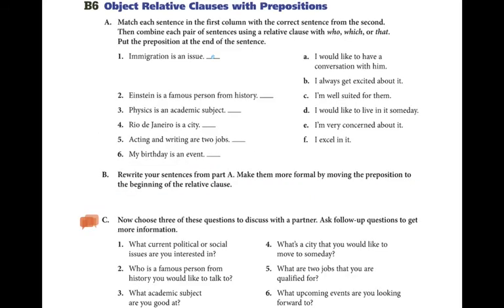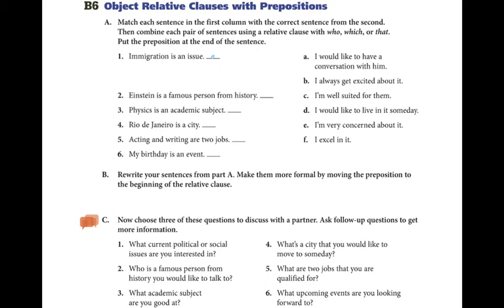Exercise B6, object relative clauses with prepositions. Match each sentence in the first column with the correct sentence from the second column. Then combine each pair of sentences using a relative clause with who, which, or that. Put the preposition at the end of the sentence. Let's try number 1.